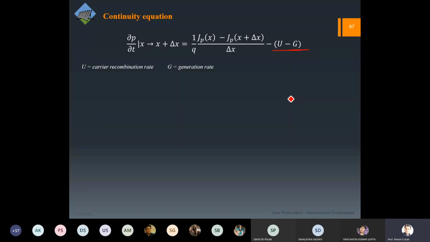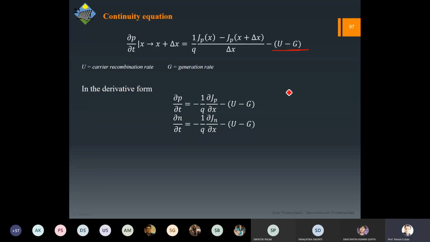If we apply this, then we can write down this particular expression at any particular time. You can see the two terms coming from generation and recombination: you are adding generation, and subtracting the recombination rate.